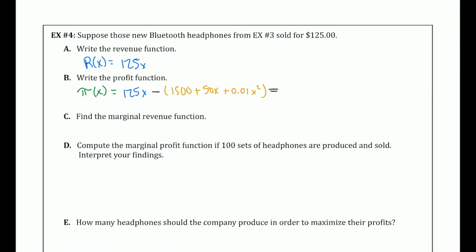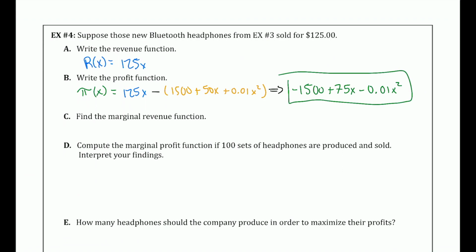we find out that this function simplifies to be negative 1500 plus 75X minus 0.01X squared. And so here is now our profit function.